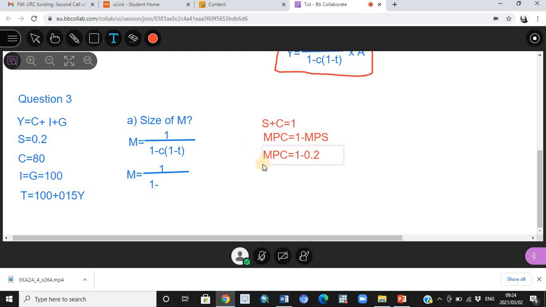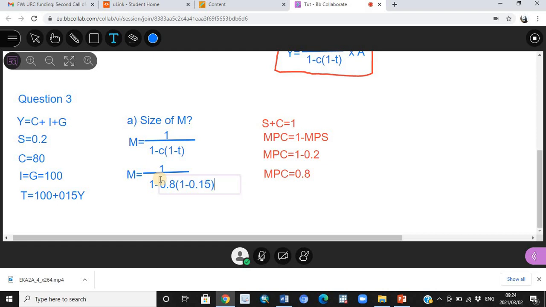That means our MPC is going to be equal to 0.8. Then we come here, I'm just going to change the color. Then we come here, we say minus 0.8, multiplying 1 minus 0.15.